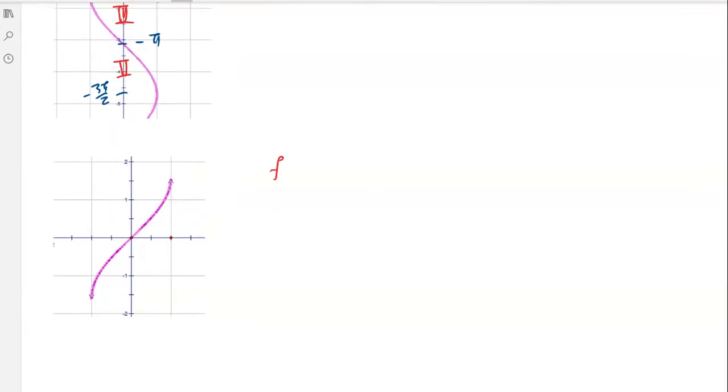Red is okay, right? f of x is equal to inverse sine. Now I'm using a function notation, right? Let's talk about the domain and range of this thing. Domain, of course, is from -1 right here to +1 right here, and then range, of course, is from here, which is -pi/2, to there, +pi/2.